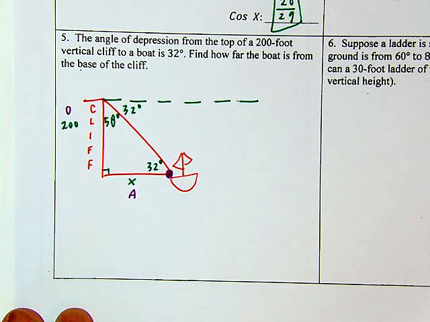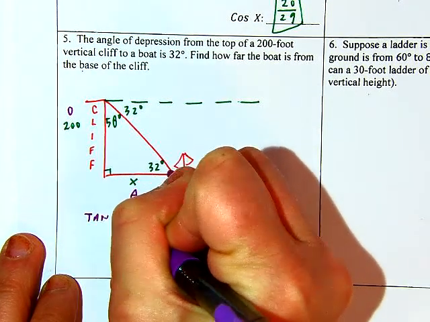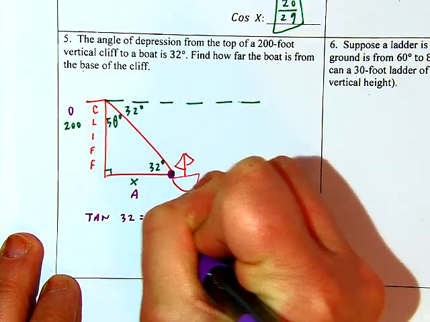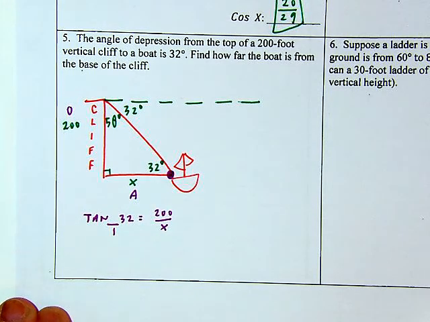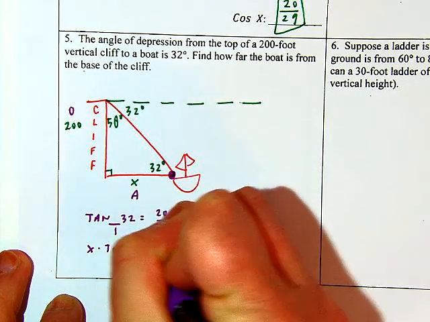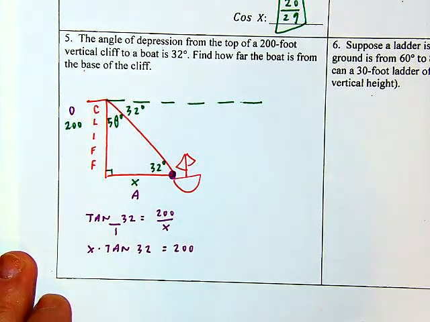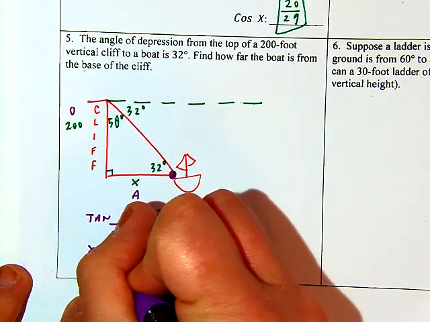I'm going to use tangent. So I can say that tangent 32 equals 200 to x. Okay, there's my proportion. Cross multiply. So x times tangent 32 equals 200. And then from here, I'm going to divide away the tangent 32.